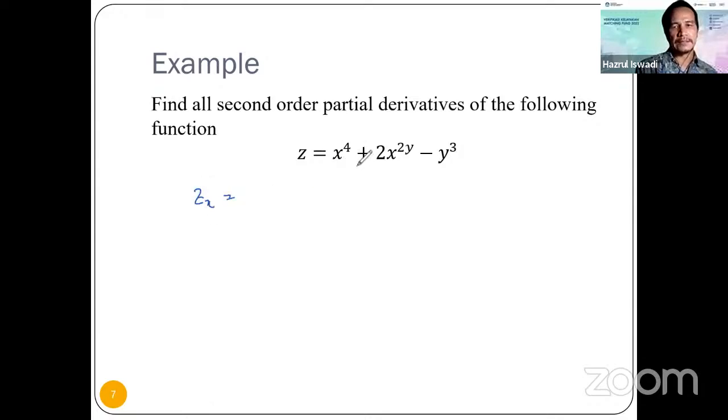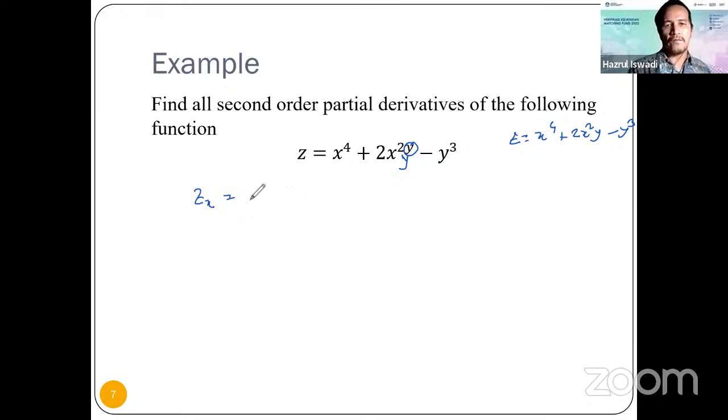The function is z equal to x to the power of 4 plus 2x squared y minus y to the power of 3.